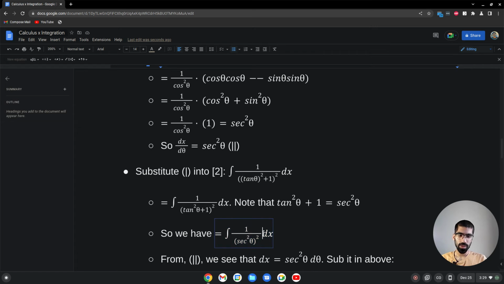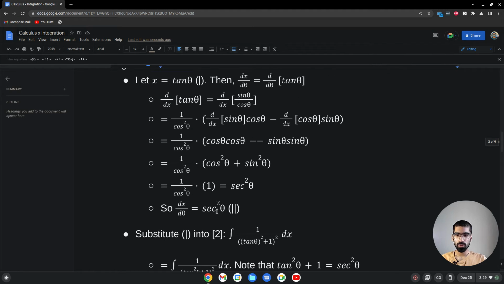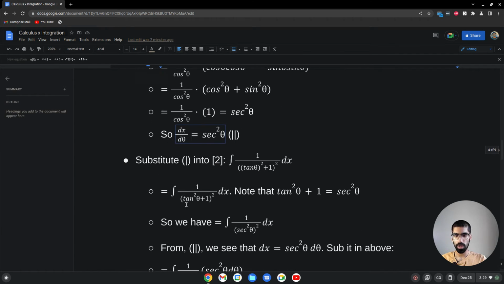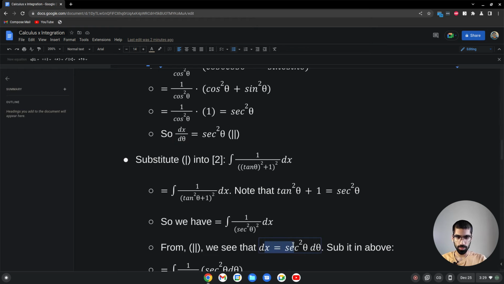The only issue is the differential here is dx, and then this variable is theta. So this is where this equation comes in handy. We can multiply both sides by d theta and then use that to have this expression right here. So now where we see a dx, we're just going to write this stuff over here.